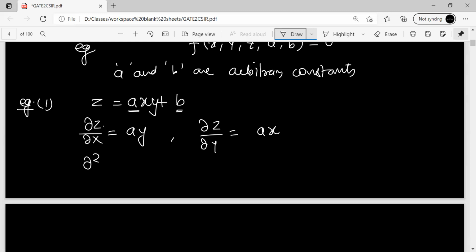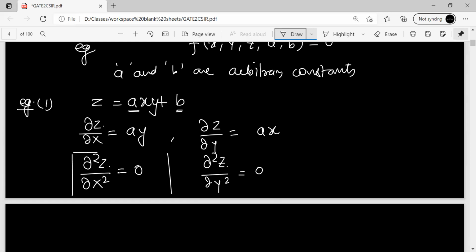Yes, I got rid of it. What if I differentiate one more time? It will be 0. And if I differentiate with respect to y one more time, I'll get 0. So these are the partial differential equations after removing the arbitrary constants a and b.